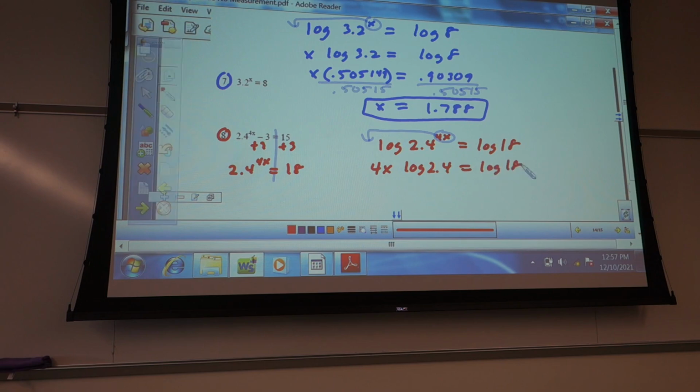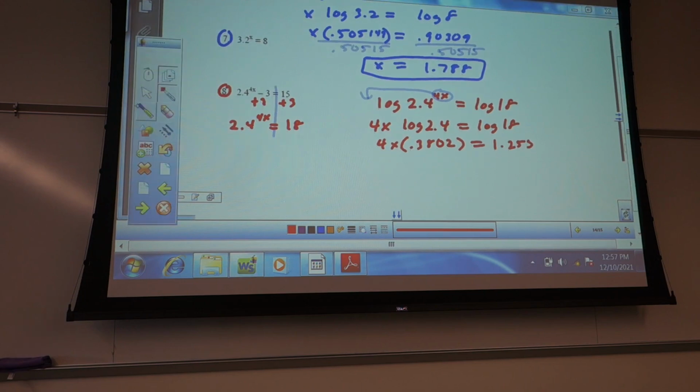Those are just numbers. 4 times x times log of 2.4, which is 0.3802, and log of 18 is 1.255. So now I'm going to divide both sides by 0.3802.